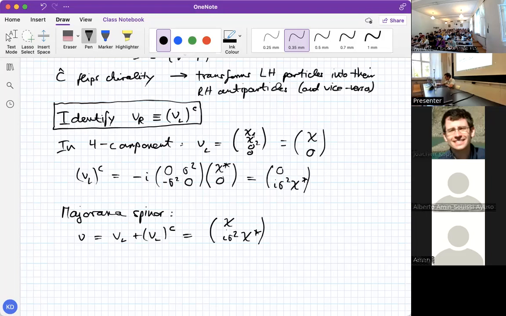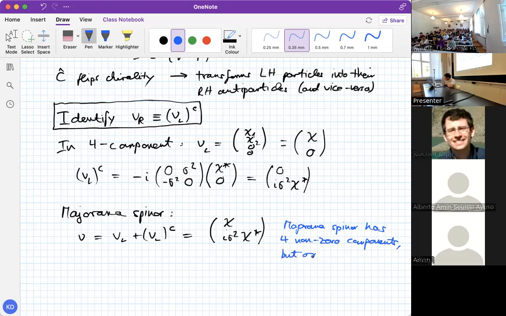So that's now a Majorana spinor. It has 4 non-zero components, but only 2 independent ones, so only 2 degrees of freedom.